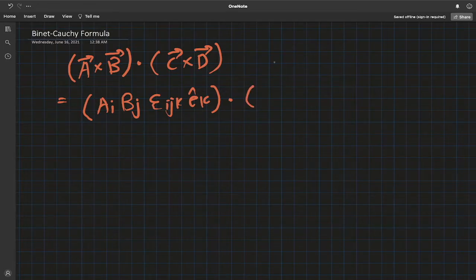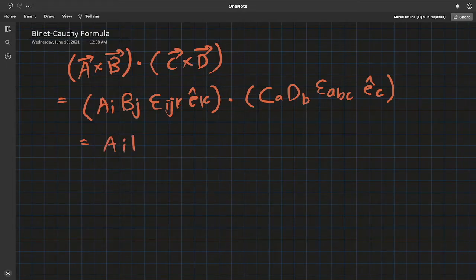Dotted with, now introduce some new indices, say a, b and c. Okay, this is a dot product, so we're gonna get a Kronecker delta on top.